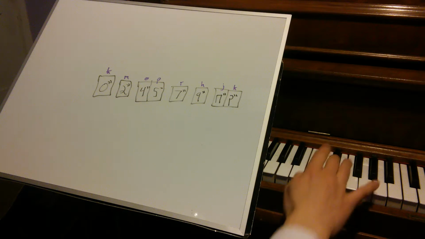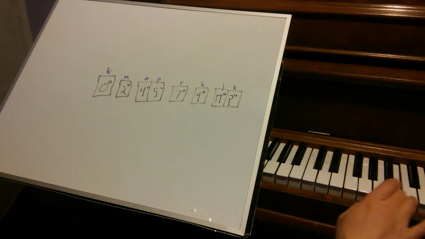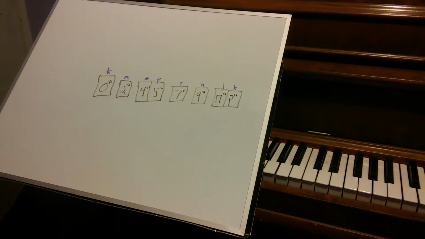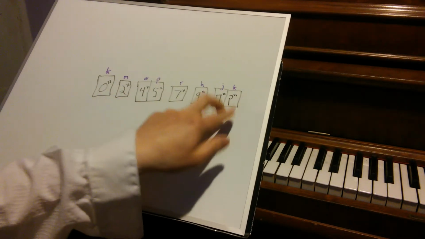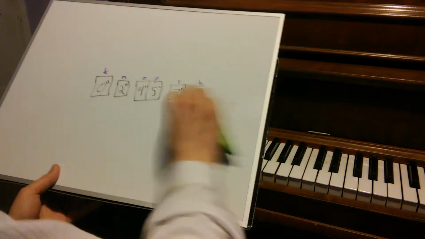Zero, 1, 2, 3, 4, 5, 6, 7, 8, 9, 10, 11, and 12, the octave. Yeah, so with that layout, and I'll be trying to use this diagram, this layout here. You got the 4 and 5 next to each other. So this is a way to visualize it. Probably try to draw that a little bit better too.